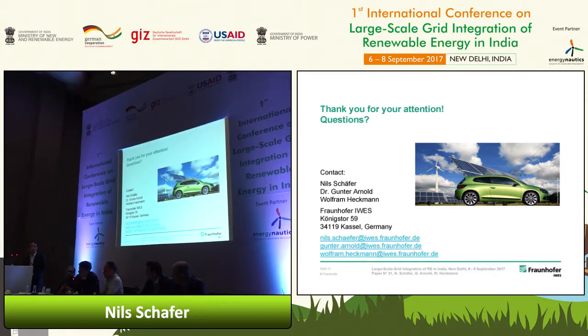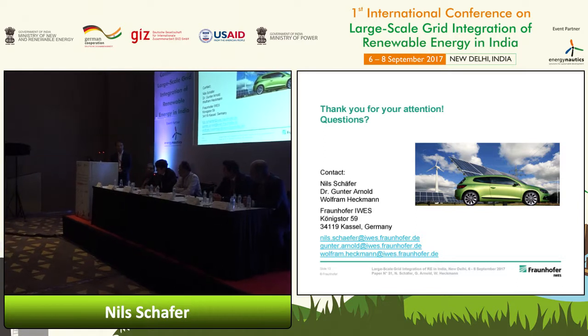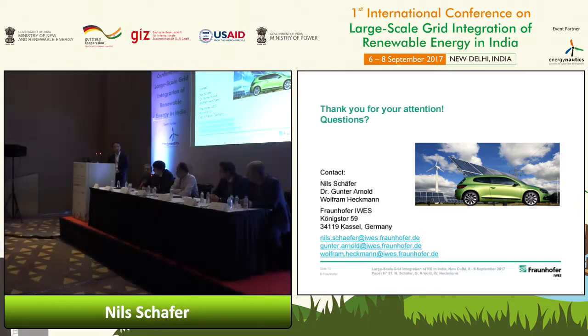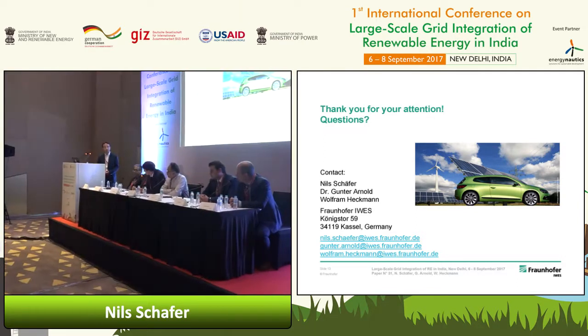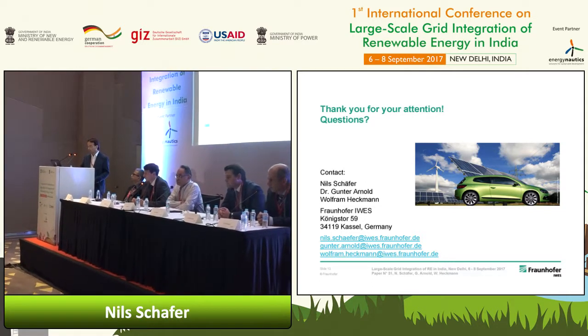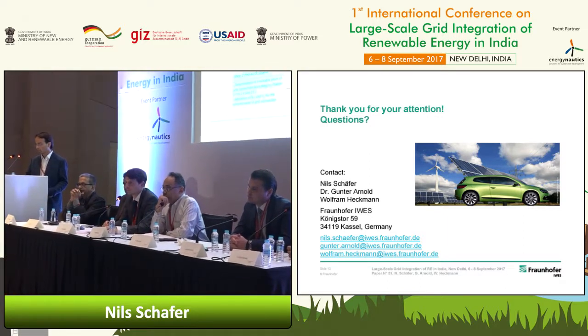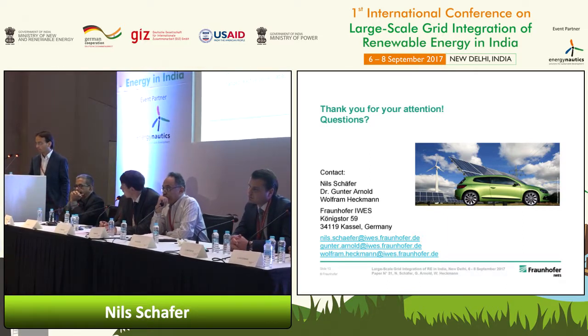Okay, one question from my side. You were mentioning in the new grid code of India short circuit ratio. What did you mean with that? So is it a feature or a bug? I understood it that way, that you also require a certain short circuit ratio where you connect your plant.